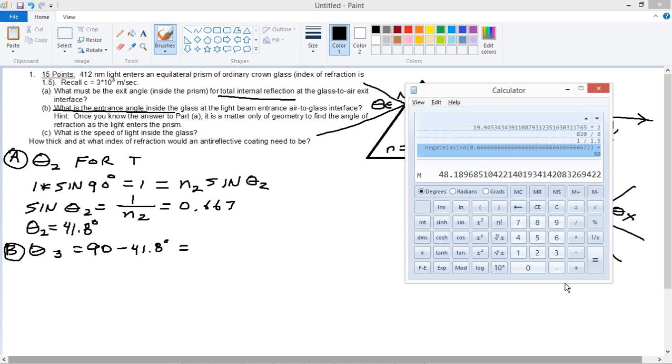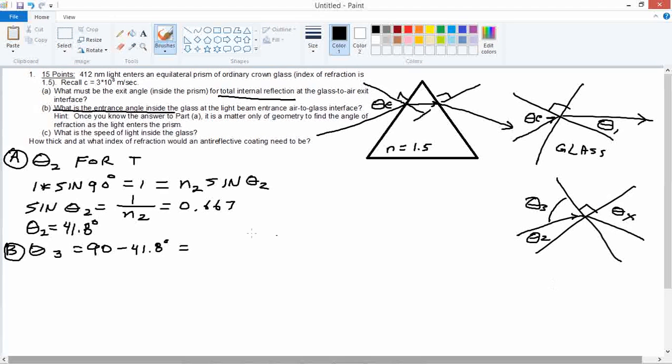So I've got 48.2. Looking at this, just drawing it nice and big, this is 60 degrees at the apex. It's equilateral. I may give you a different prism, 45, 45, 90, 3, 4, 5. I may do something different.